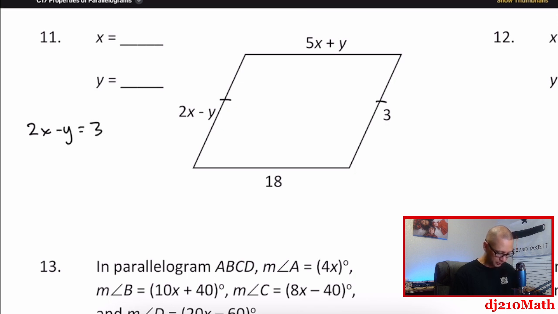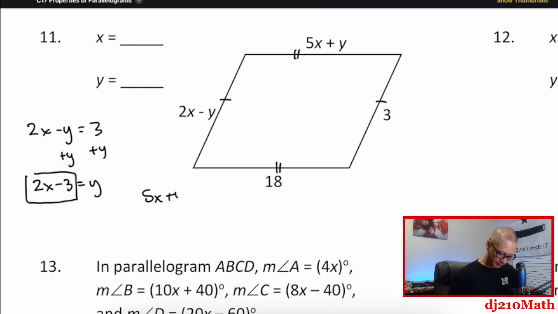I'm going to add y to both sides because I don't want y to be negative, and then subtract 3 from both sides. So 2x minus 3 is equal to y. I'll put that on the back burner and look at the other side.